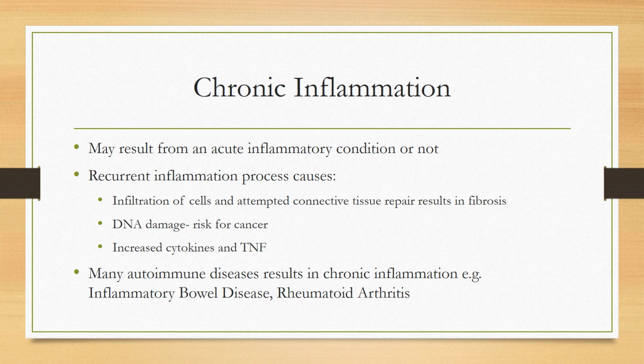With recurrent inflammation processes, we've got all those cells coming to the rescue and then into the connective tissue, and then the reparative, restorative part happens, where we get the fibrosis or scar tissue developed, and this is just a continuous thing in chronic inflammation. Over time, scar tissue builds up.